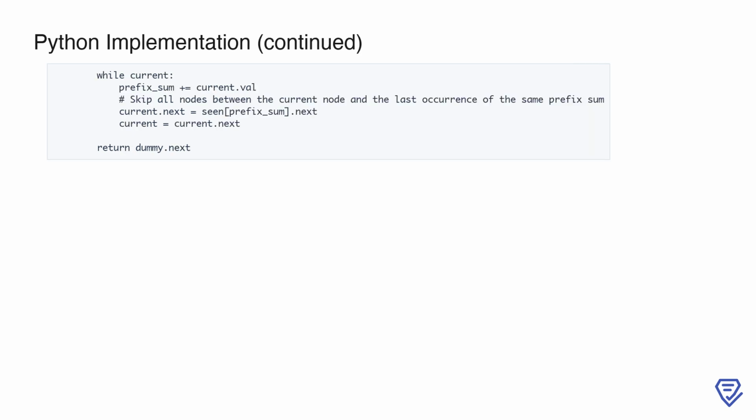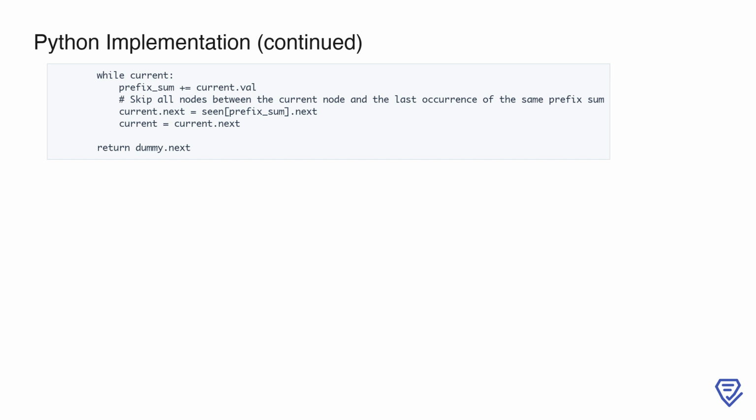Now, we reset the prefix_sum variable to 0 and start the second traversal of the linked list using the dummy node. In this second pass, we again update the prefix sum by adding the value of the current node. For each prefix sum, if it has been seen before, we know that all the nodes between the current node and the last occurrence of this prefix sum must sum to 0.